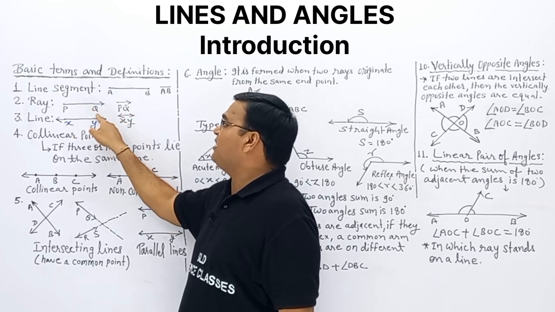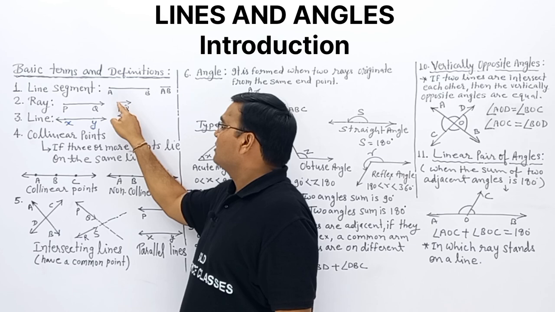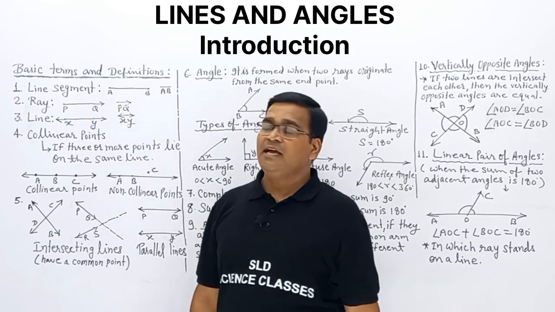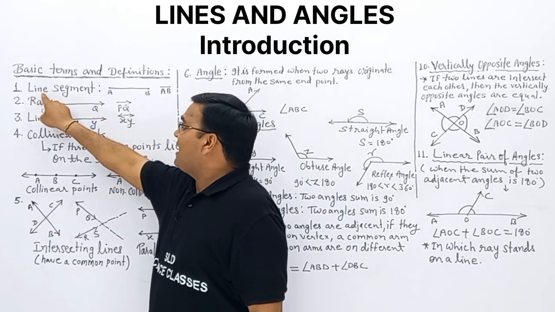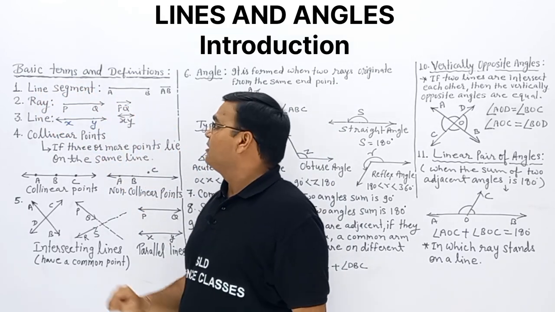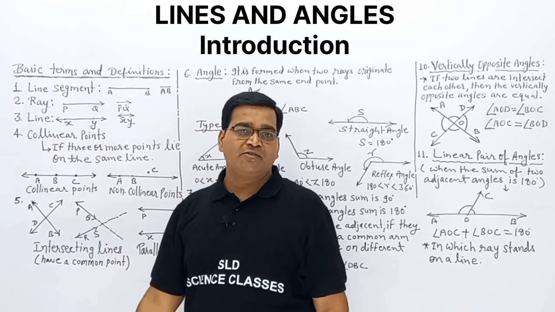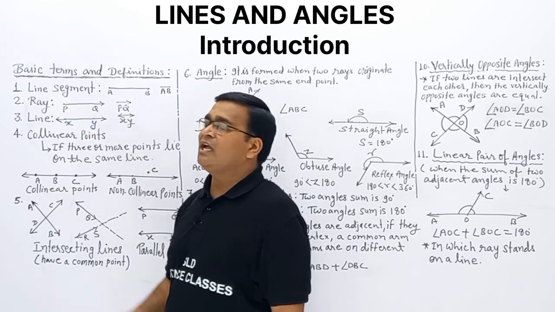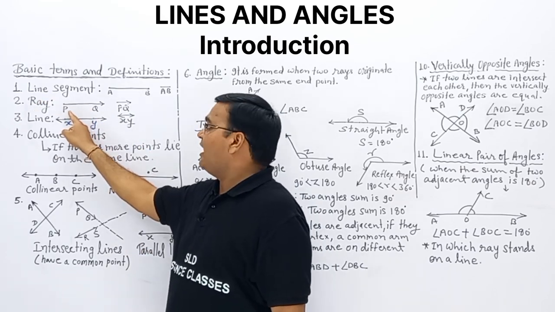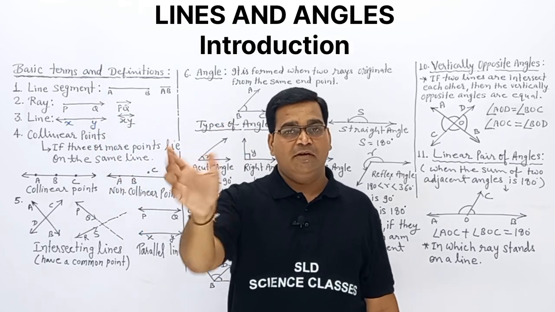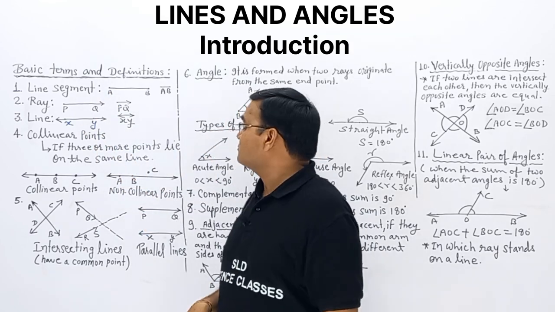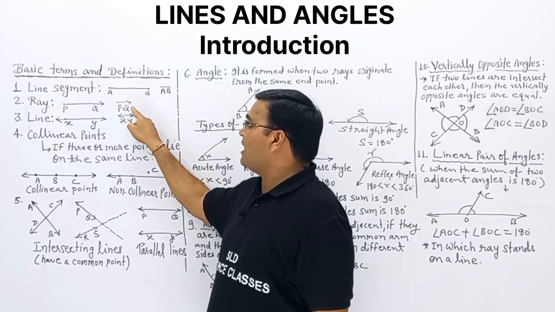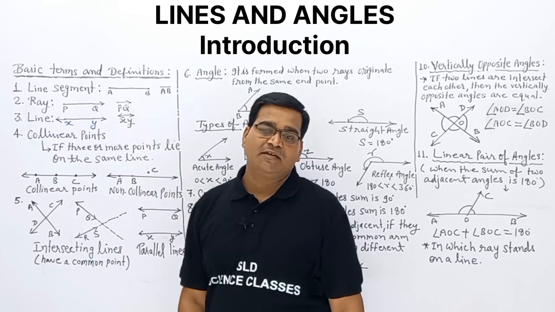This is ray PQ, and its notation is this symbol. So the first three points: a line segment has two endpoints, a line has no endpoints and we can go indefinitely left and right, but a ray has one endpoint and on one side we can move indefinitely. All notations are there: line segment AB, ray PQ, line XY.